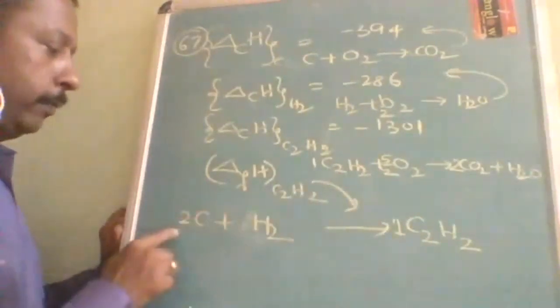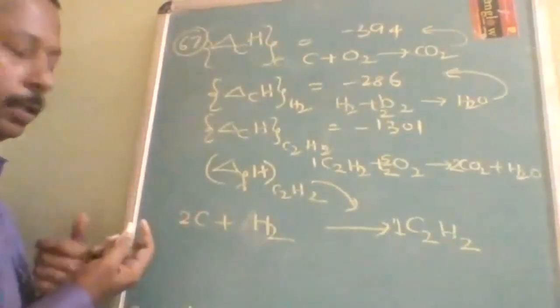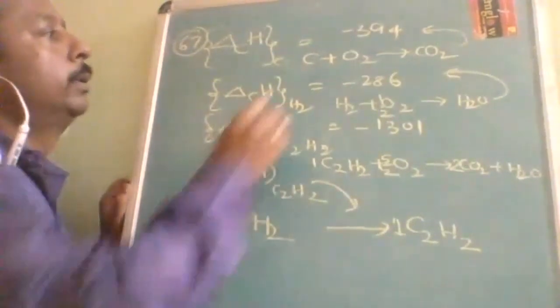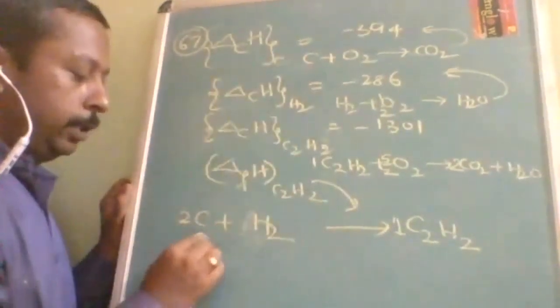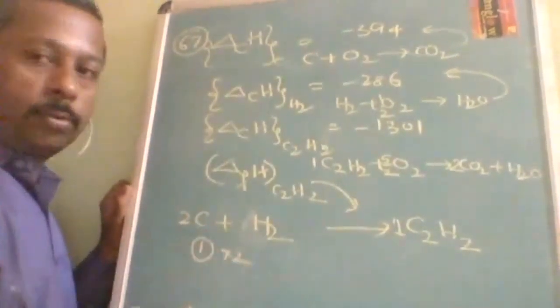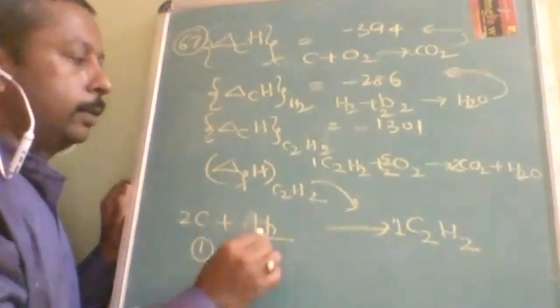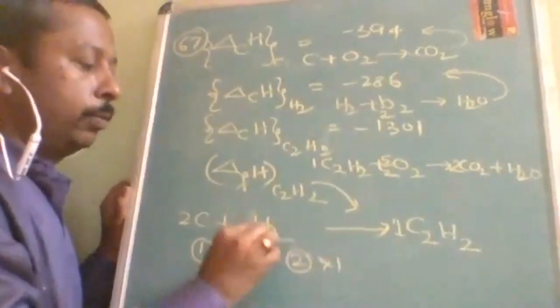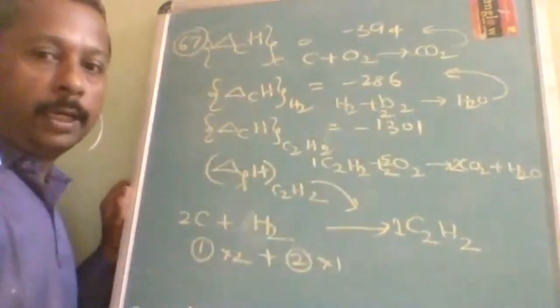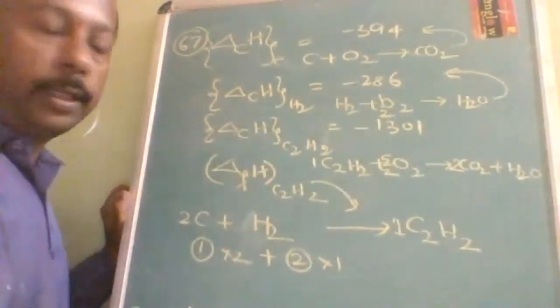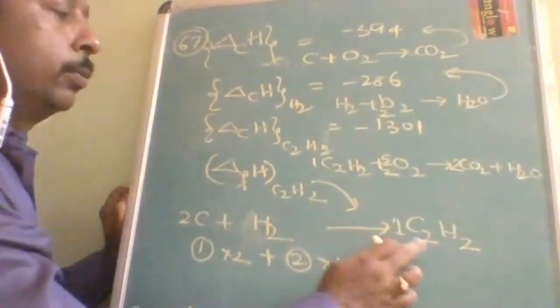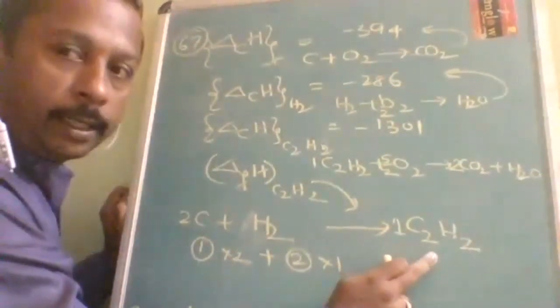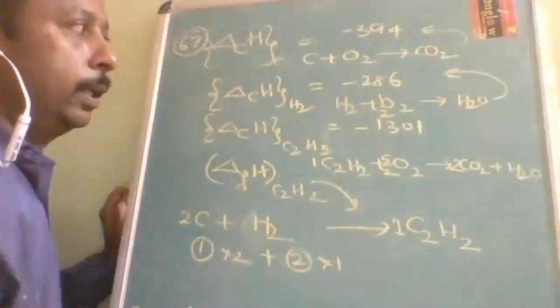Now here we want 2C. From where will we get it? From the first equation, equation 1 into 2. Understood? Plus H2, from where will you get it? Equation 2 into 1. Only 1 mole is required and 1 mole is already available. And what is the next one, C2H2? See, here it is on the right side and we want it on the left side.